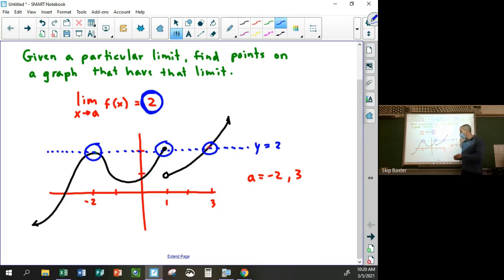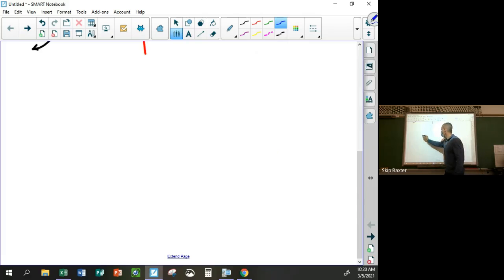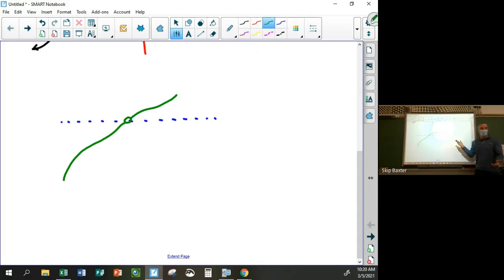Maybe there's a section of the graph where you draw your dotted horizontal line, and maybe the function is going along, and then there's a hole in it. Well, that would still be true, right? The limit would definitely be whatever number this is. Like if this happened to be y equals 2, then the limit as x goes to that number is definitely 2, right? Because it's a hole.